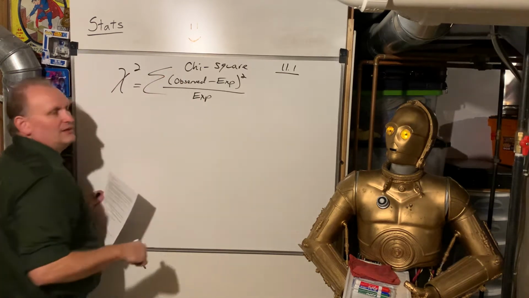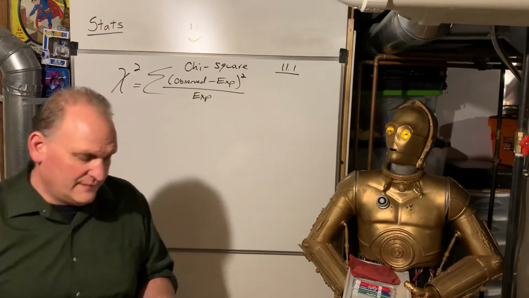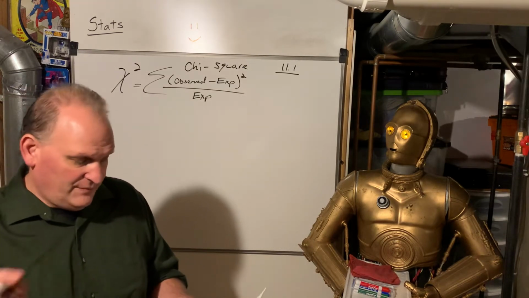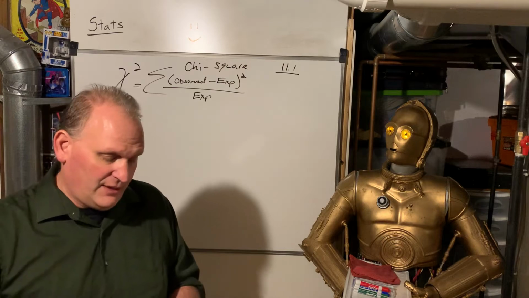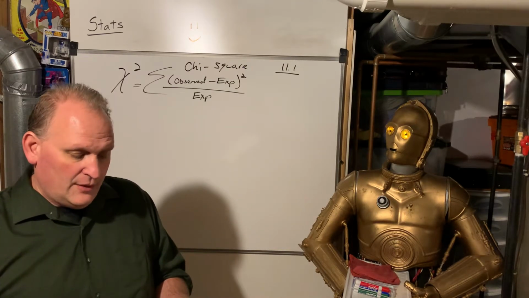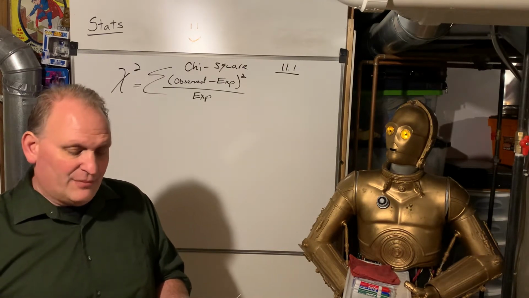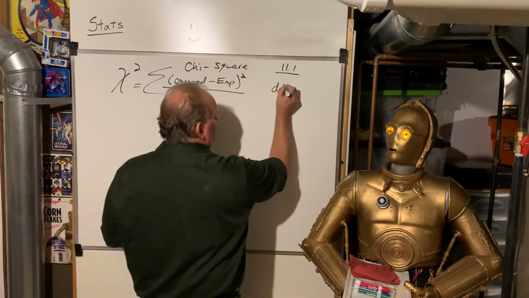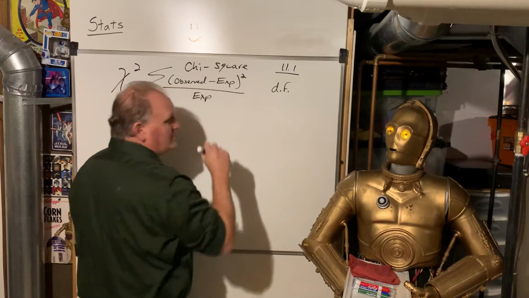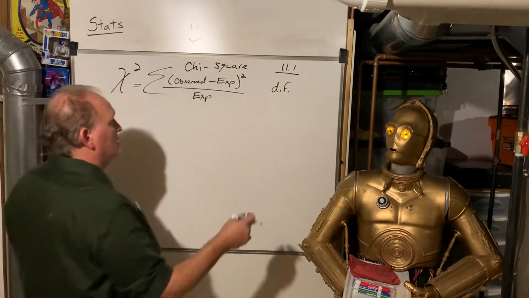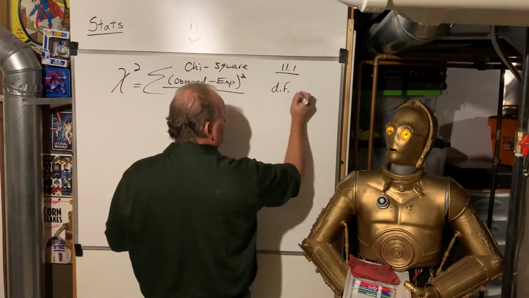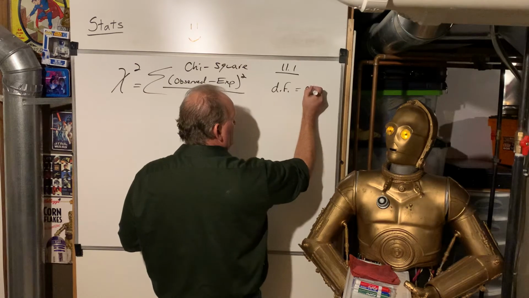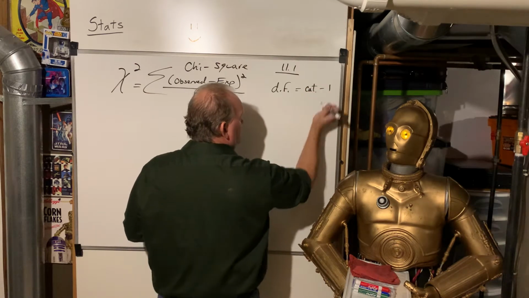So that's what the sigma, the big capital sigma in front of it means. Right tail test. Degrees of freedom is the number of categories minus one. Just like with the t distribution, the chi-square has degrees of freedom, and degrees of freedom are equal to categories minus one. All right?